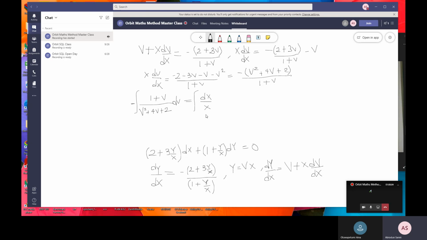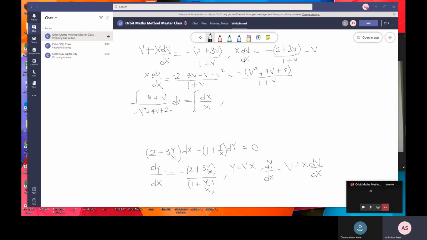Now, to integrate the right hand side is easy. But how do you integrate the left hand side? If you see, it's not really complicated. You are going to use what we call the completing the square method. Before that, if I differentiate what is at the denominator, you are going to get an algebraic expression of power 1, and that is exactly what we have at the numerator.